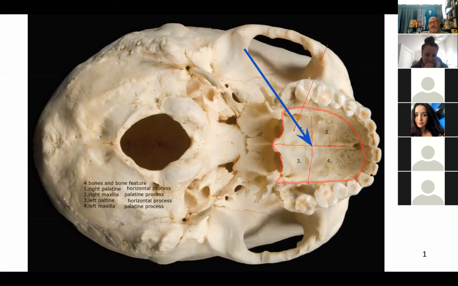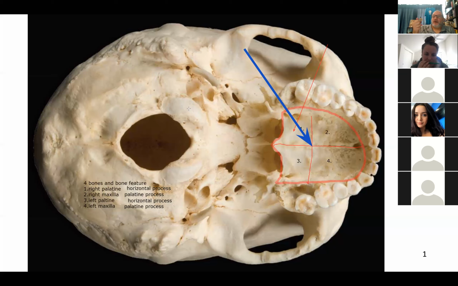And what is your answer? The hard palate. I could ask you, identify the bones and bone features that make this skull feature. And what would your answer for that be? All four of those. Right. Well, yeah, maxillary and the palatine.